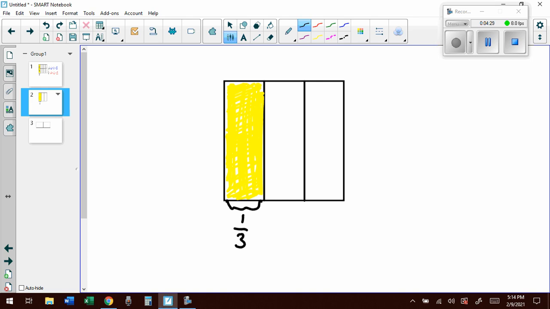1/3. Now I want to show that 1/3 equals, or it's the same as, or it's equivalent to 4/12. And I'm going to decompose this so that I can show you what it is as a sum of unit fractions, sum being unit fractions added together, and a whole number times a fraction.